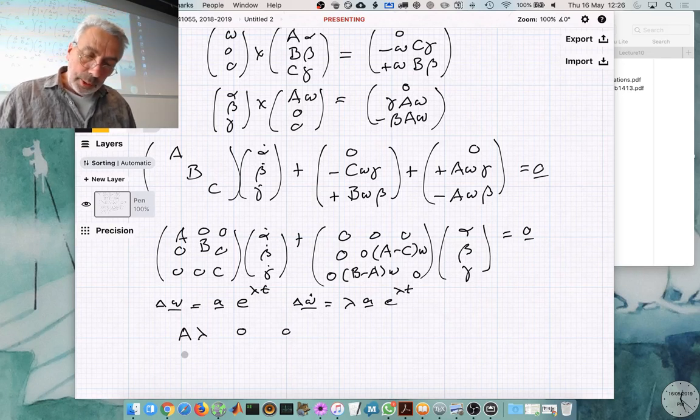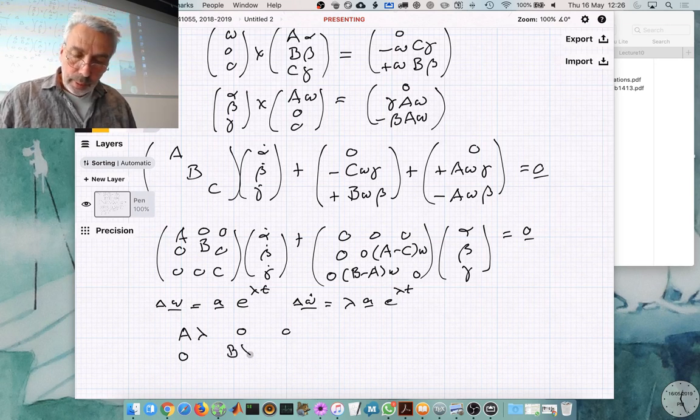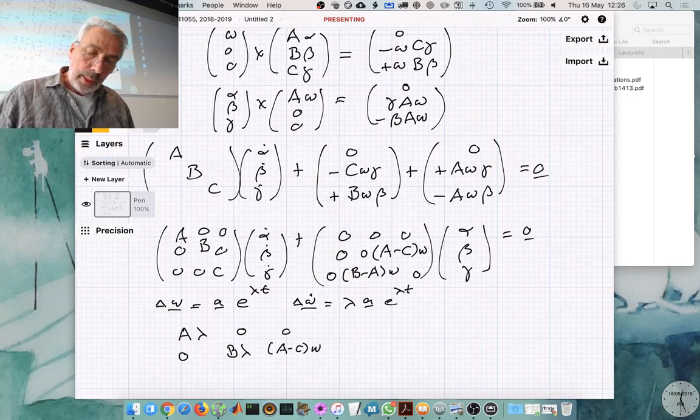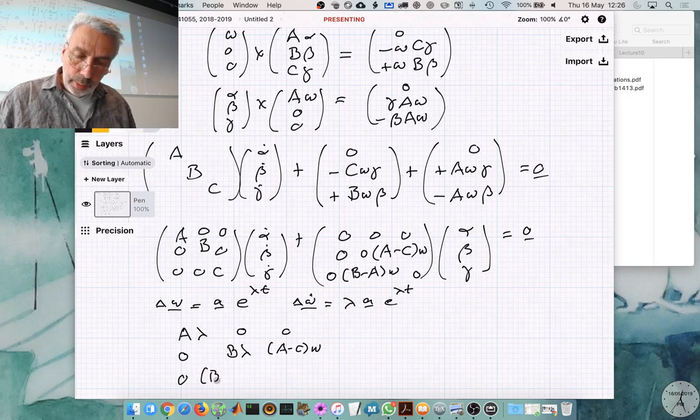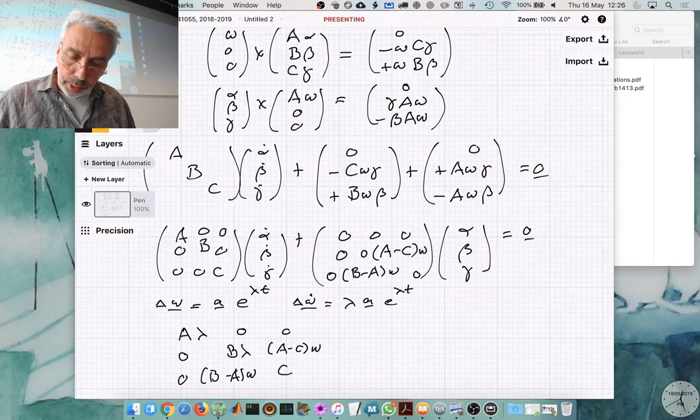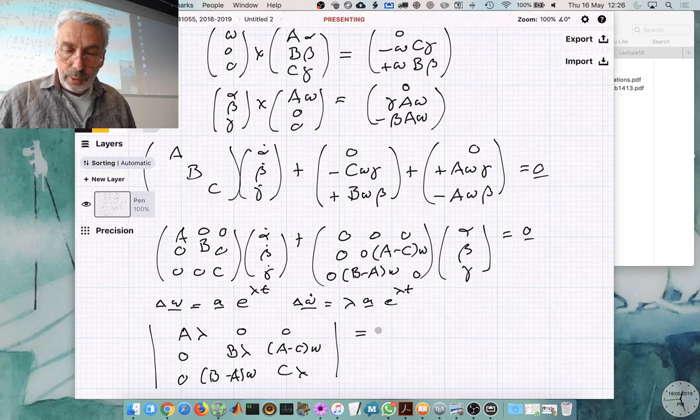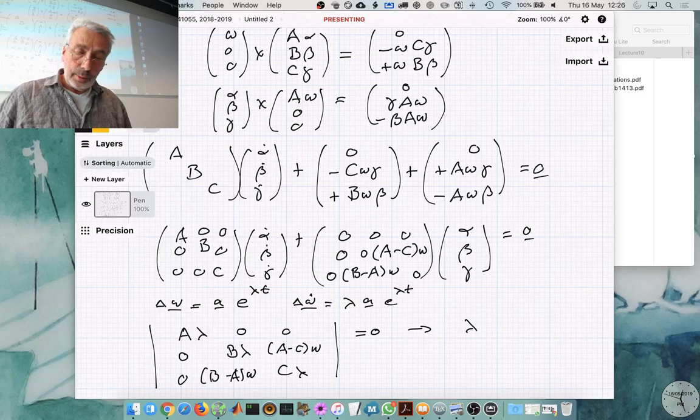And the second equation is 0, and then we get B lambda plus 0. And then here we have A minus C omega. And then the last equation is a 0 here. Of course, we have this term, B minus A times omega. And then we end up with C times lambda. And the determinant of the thing should be 0, and that gives us the eigenvalue. Yeah, that's the way how it goes.